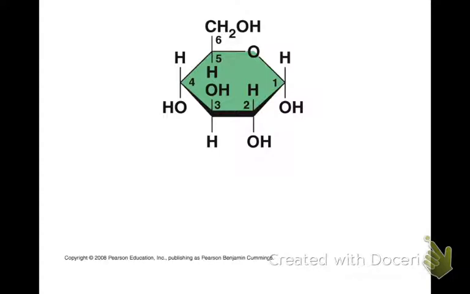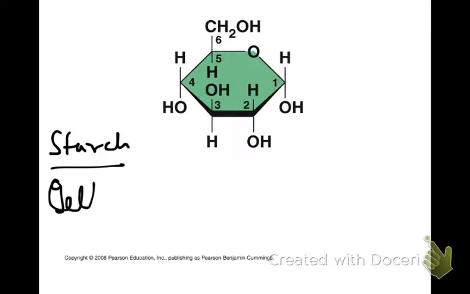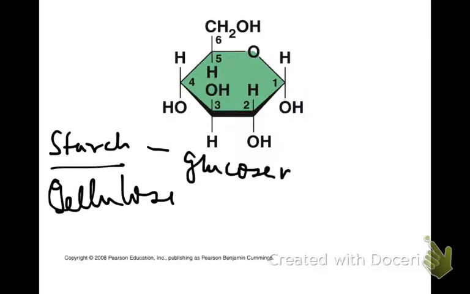It is important to understand this. The reason being, then you understand the two different polysaccharides that we will be discussing. One is starch and the other one is cellulose. Starch is a group of glucose molecules bonded together.